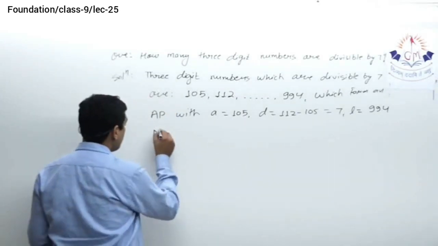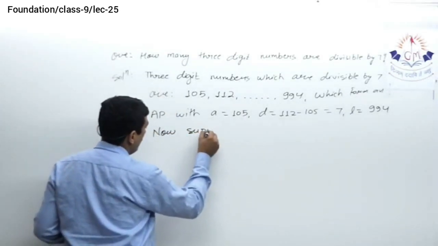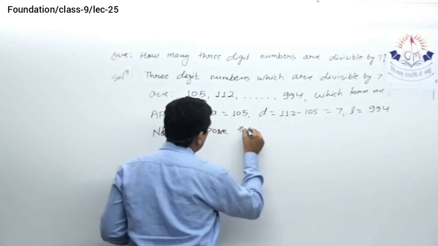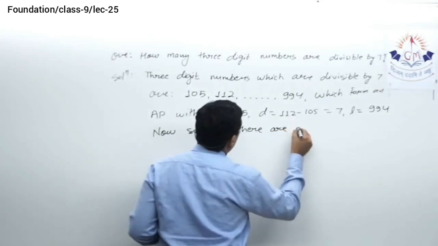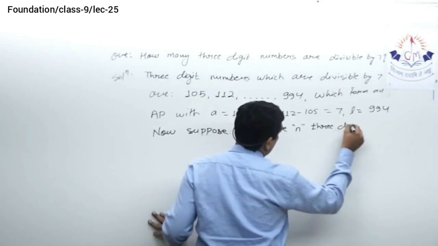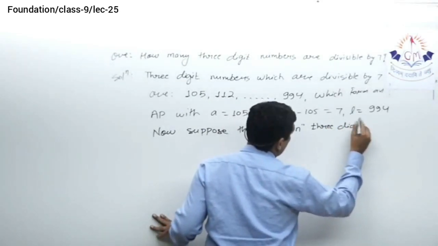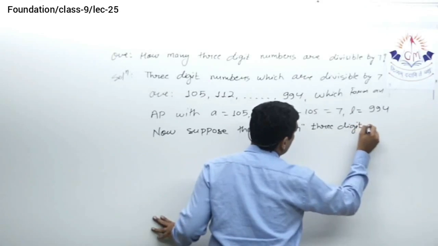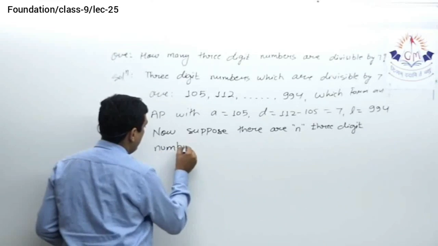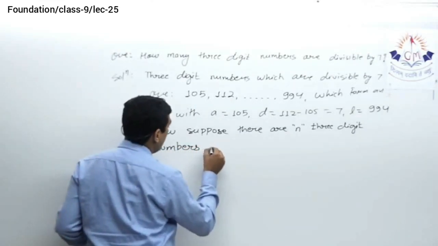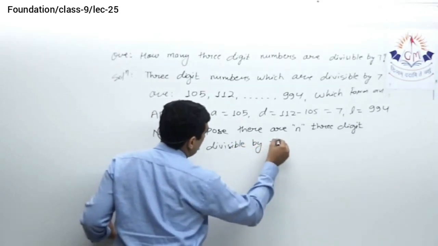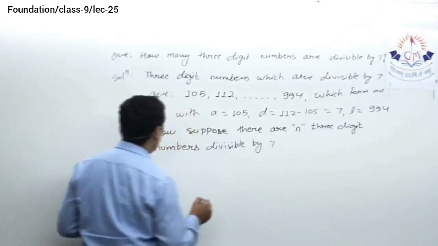So suppose there are n 3-digit numbers divisible by 7. This is what I am assuming.